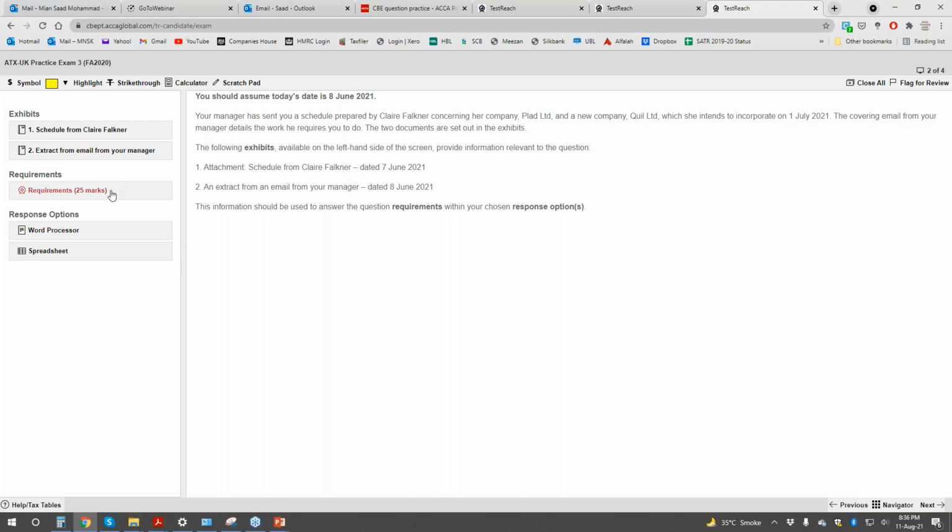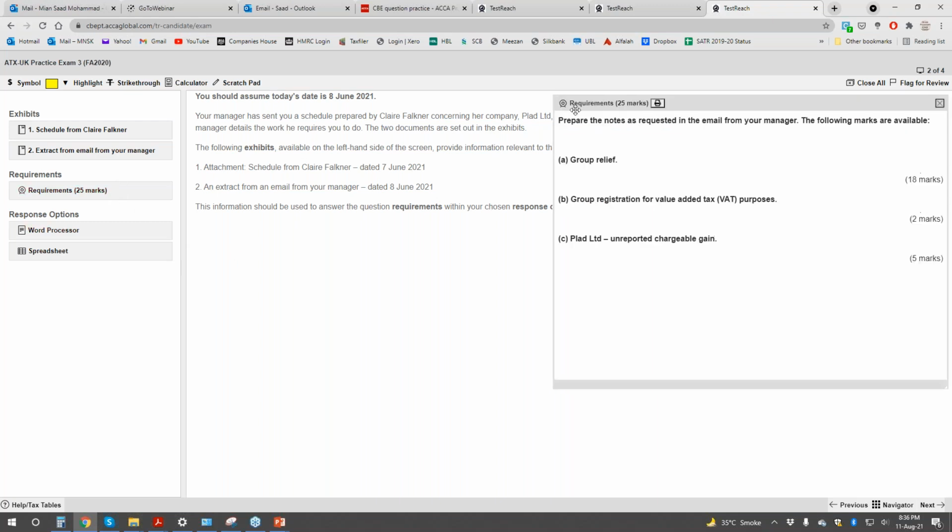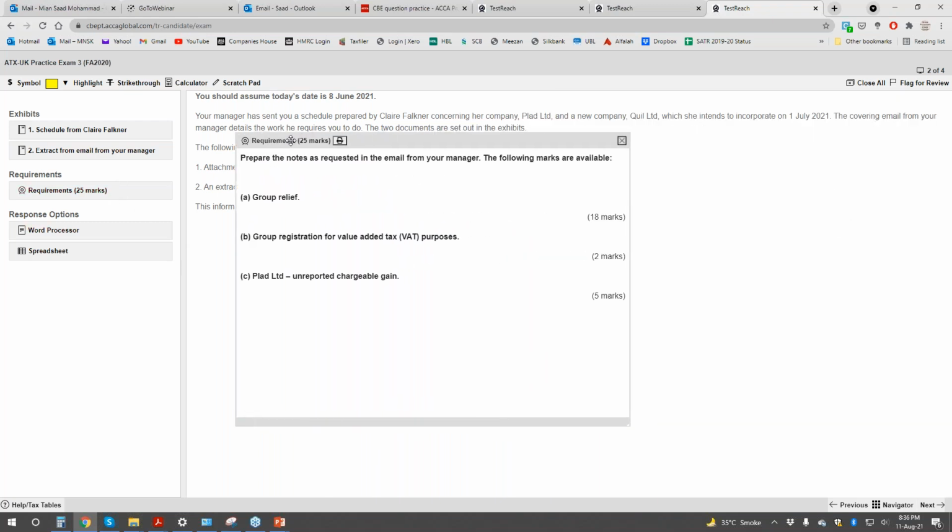Now, let's read the requirement. One of the key differences of a 25 mark question from a 20 mark question is that whenever you click on the requirements, they are merely the marking scheme. They will not tell you anything, and no elaboration will be available to give an idea of what will be tested in that.